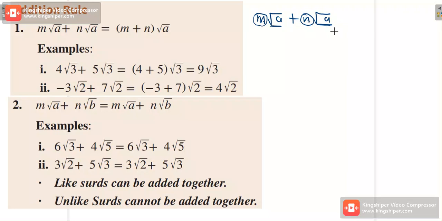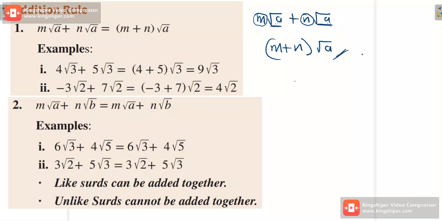The rule simply says to factorize the common set out. When you do, you get m plus n, then the root of a, which is the common set factorized out. So this becomes the rule.